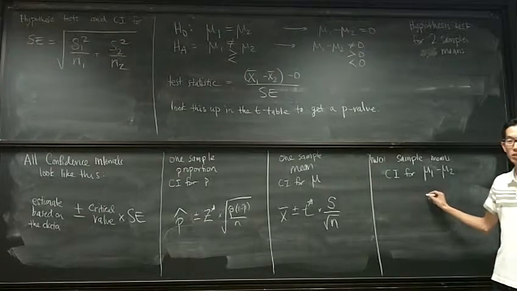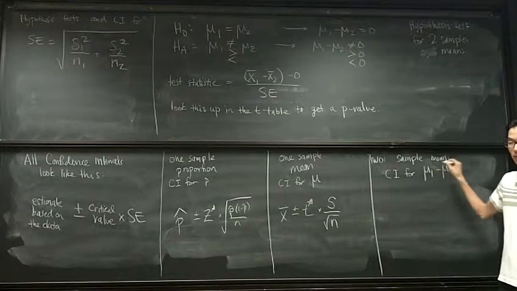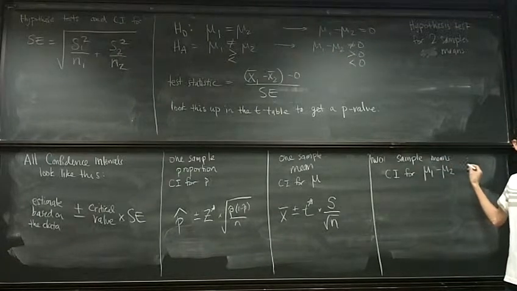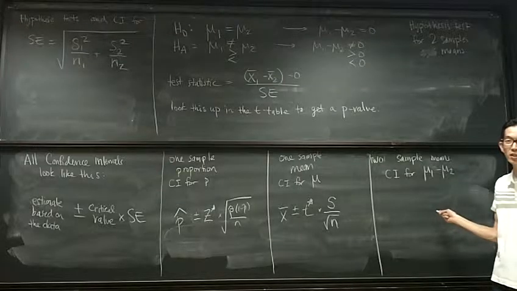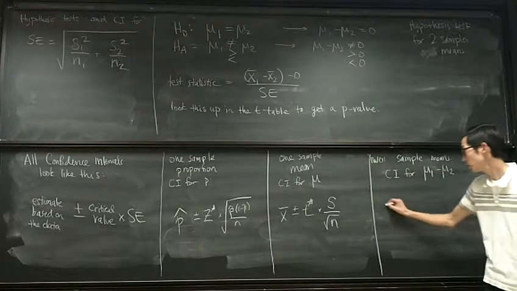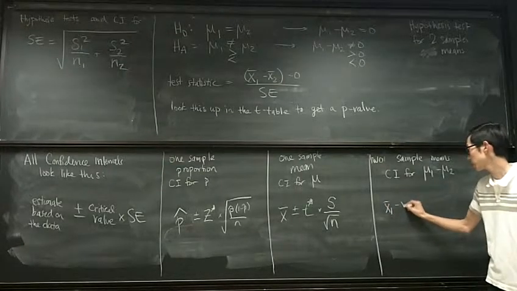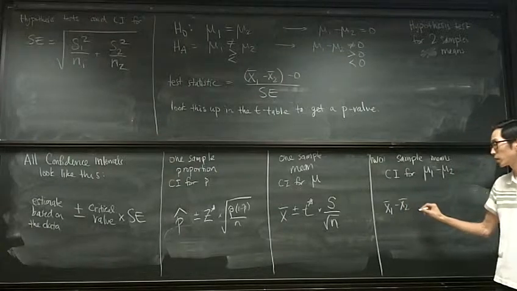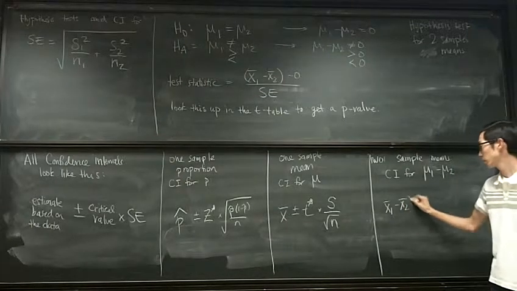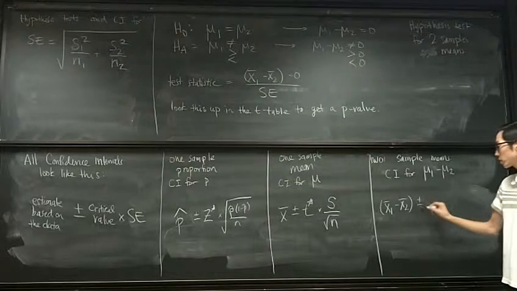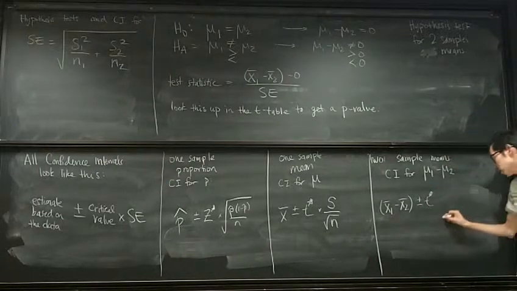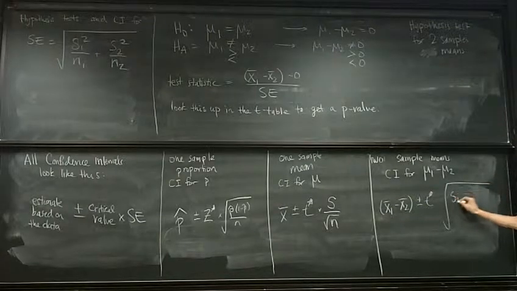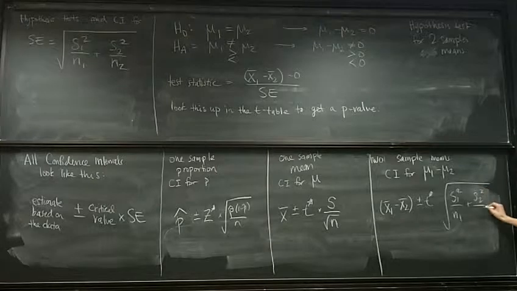So if I want to estimate what the difference between the means in the population is, my best guess right now is going to be the difference between the means of my samples, okay? So I'm going to do x1 bar minus x2 bar, okay? Plus or minus T star, and then the standard error is just this ugly thing, times standard error.